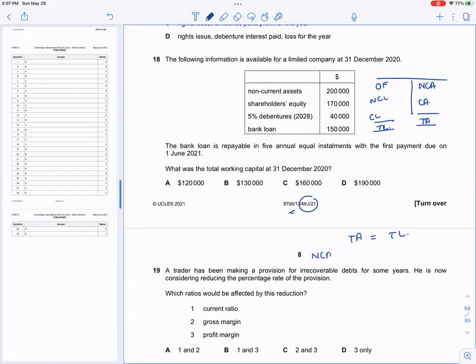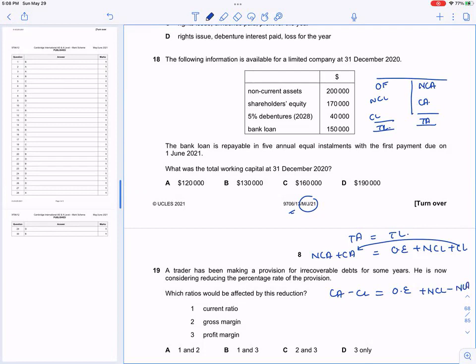Yeah. So non-current assets plus current assets is equal to owner's equity plus non-current liability plus current liability. Are you with me? Yep. Okay. Current assets minus current liabilities I will get over here, is equal to owner's equity plus non-current liabilities minus non-current assets.